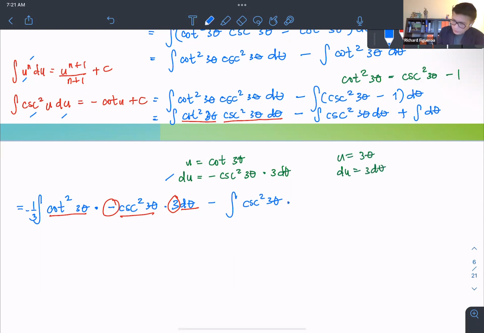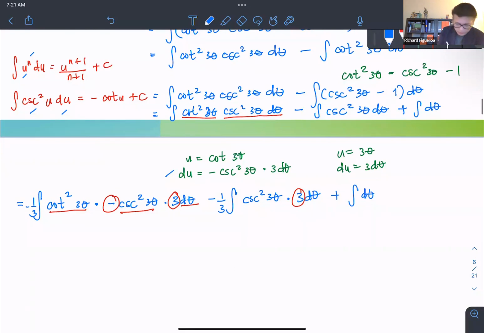So therefore, we multiply this one by 3 d theta. And then, so we are in excess of the 3 here. So we neutralize it by 1/3. And finally, we have the plus the integral of d theta.